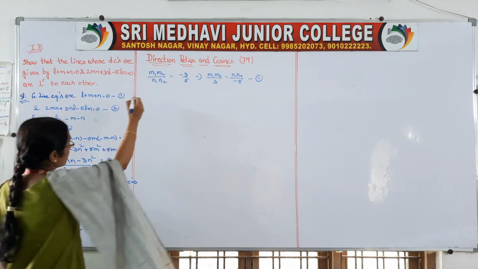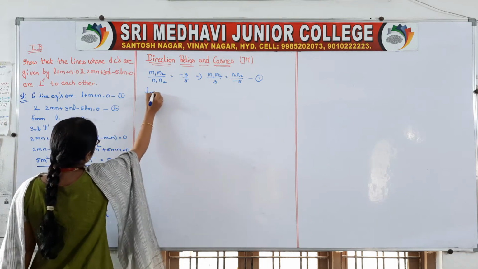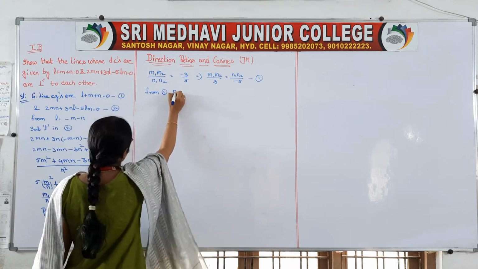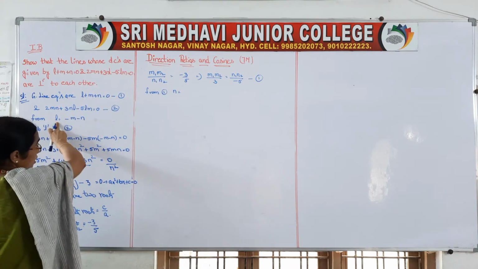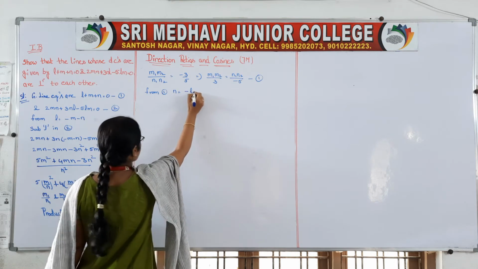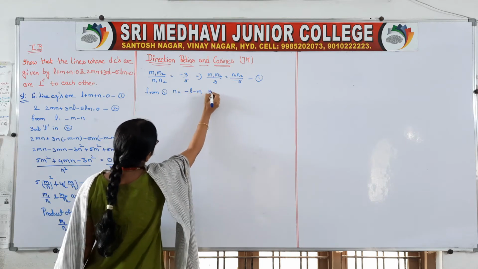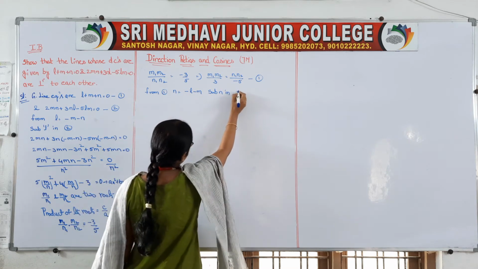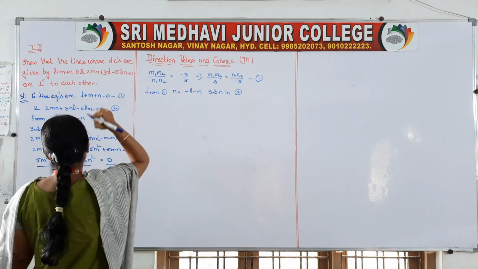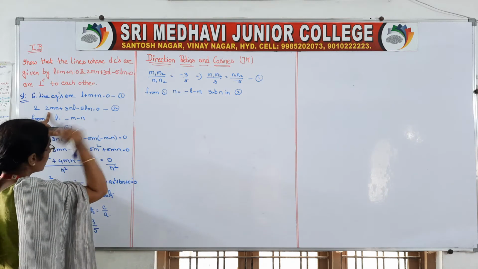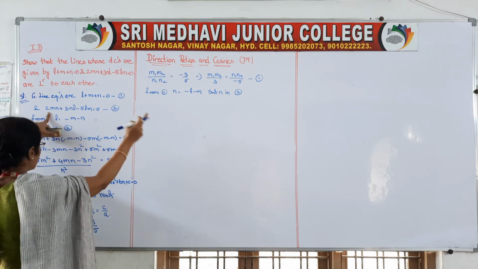Okay, again from 1 you take n is equal to minus l minus m, and substitute n in the second equation. So what is your second equation? Wherever n is there, put minus l minus m.